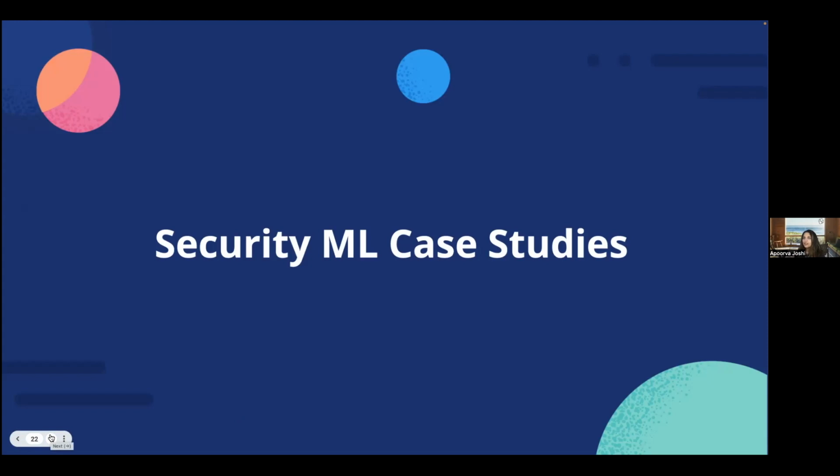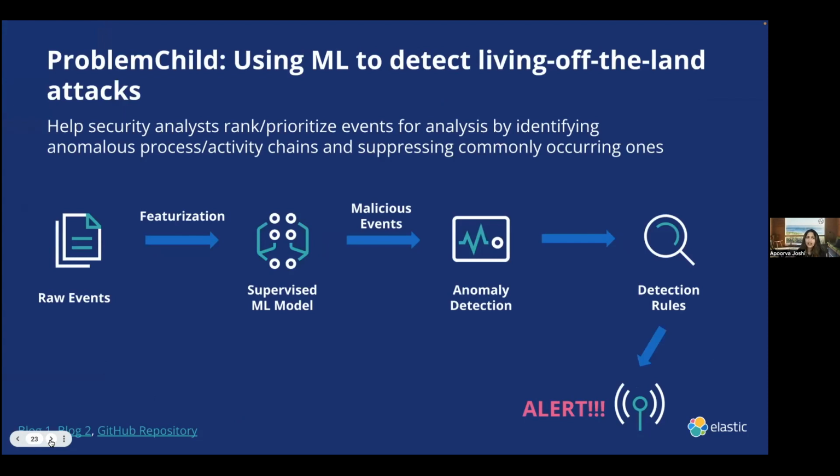Yeah, so I wanted to share some real case studies of models we built on the security team using some of the Elasticsearch capabilities I was just talking about. Starting with Problem Child, which is a machine learning-based framework to identify a certain class of cybersecurity attacks called living off the land attacks. And at a high level, what we did was we used ingest processors and pipelines to pre-process and extract features from our data.